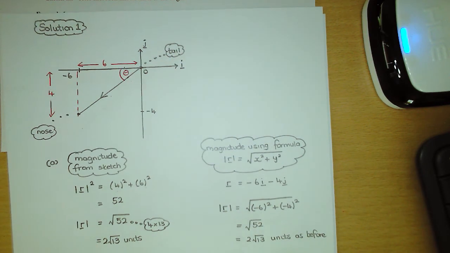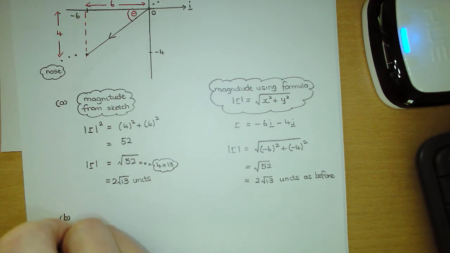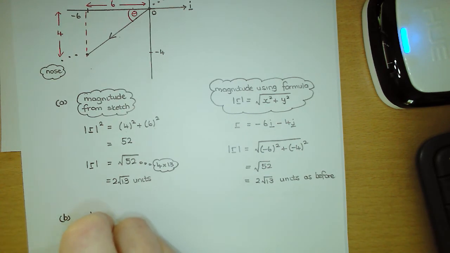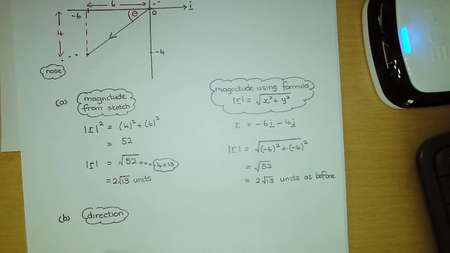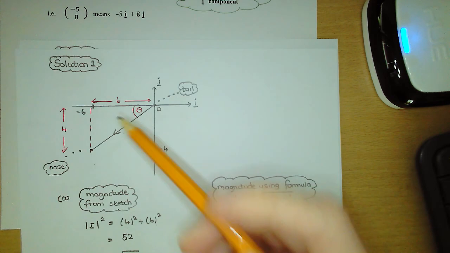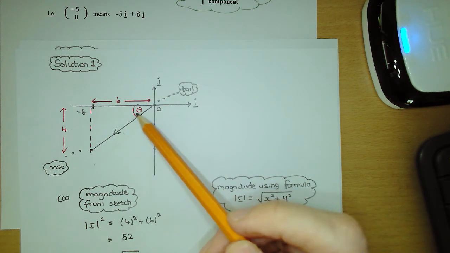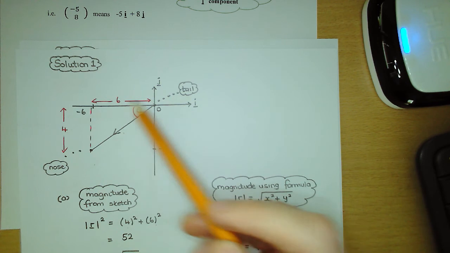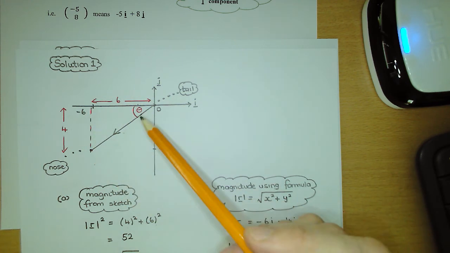Okay, so part B, we're looking for the direction. So remember, the direction is given by the angle theta. So if we look inside our right-angled triangle here, we're going to use right-angled trig. We know the adjacent, we know the opposite. So opposite and adjacent means we're going to use tan.